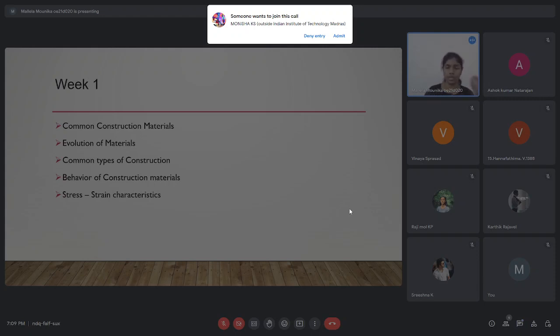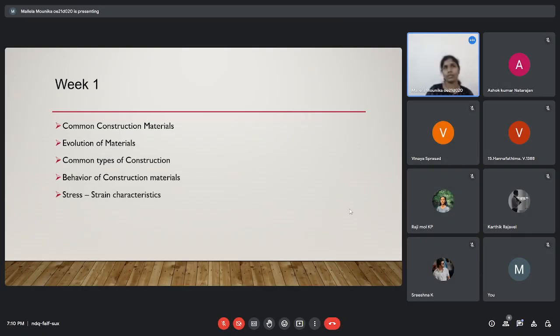We started from ancient constructions like carvings, and now we are at the stage of using steel, glass, reinforced cement concrete, etc. So we can see the evolution of materials here, and the common types of construction.